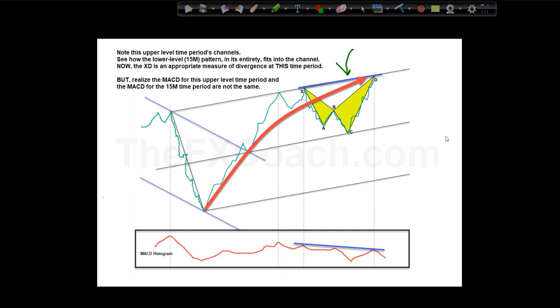It is, it's just you're measuring the bigger level wave stretch at the smaller level, which isn't necessary. It's going to give you confused divergence at the 15-minute level. You can measure it, but it's not a good read.